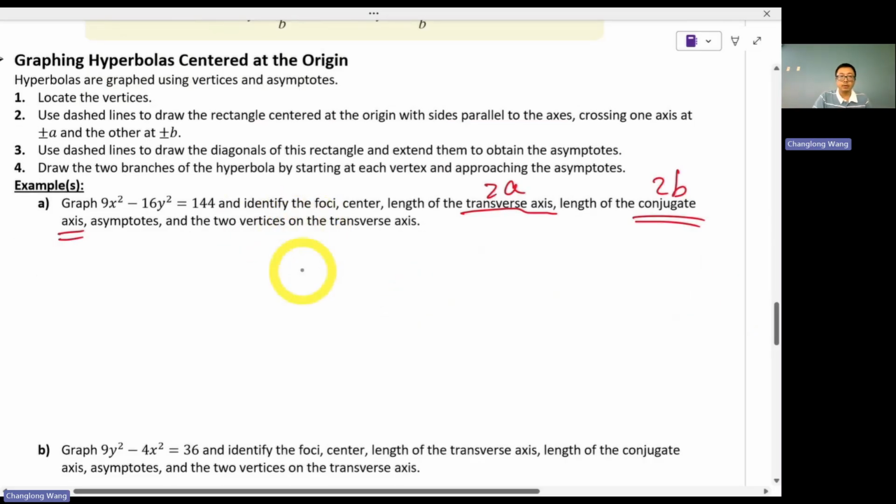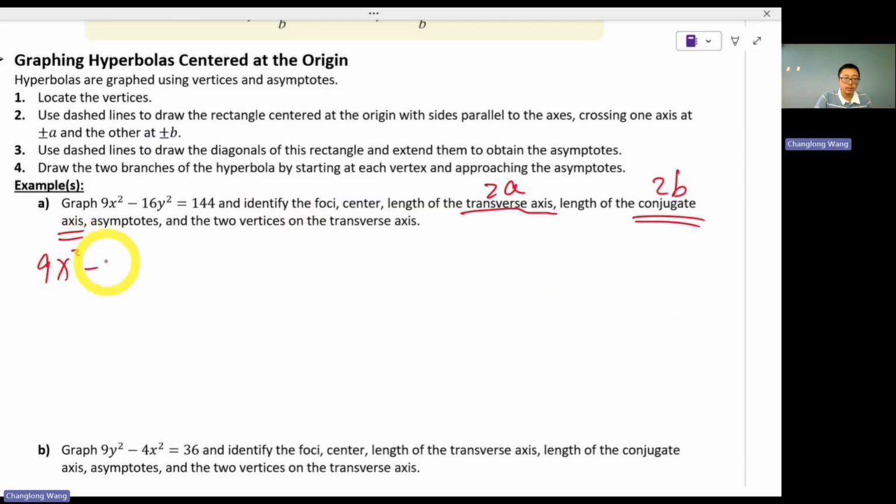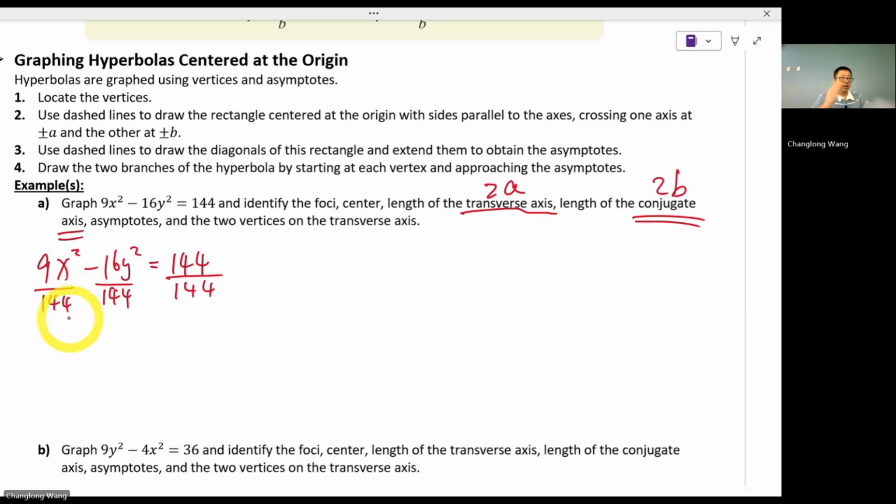But we do need to know what the vertices are. So start by rewriting the equation, dividing out 144, because you know that no matter what happens, you must have a 1 on the other side of the equation. And it turns out the numbers work out, right? Because this guy's crazy about those easy numbers.